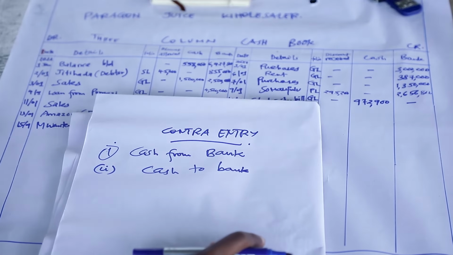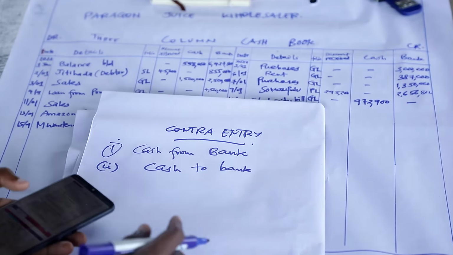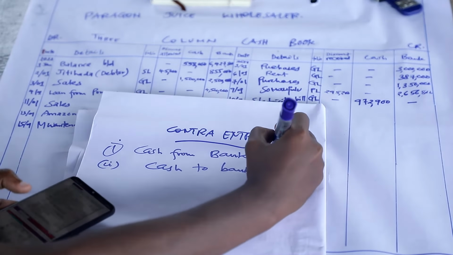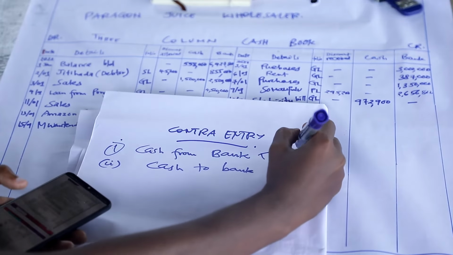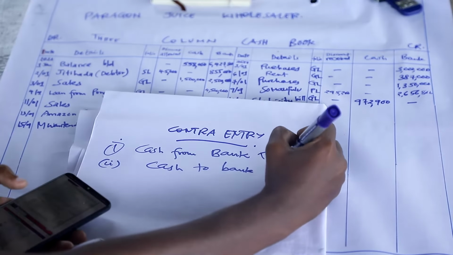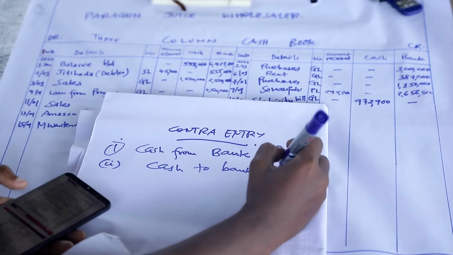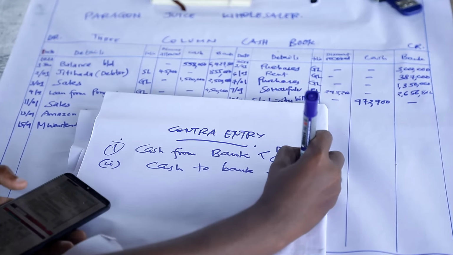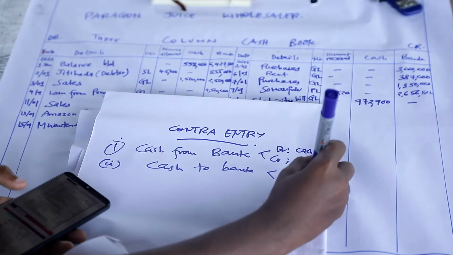So cash from bank, it means that we have received the cash from the bank. So in this scenario, cash from bank, it means that we should debit the cash account and we should credit the bank account. And cash to bank, it means that we should debit the bank account, maana hela zimeongezeka, and we should credit the cash account.